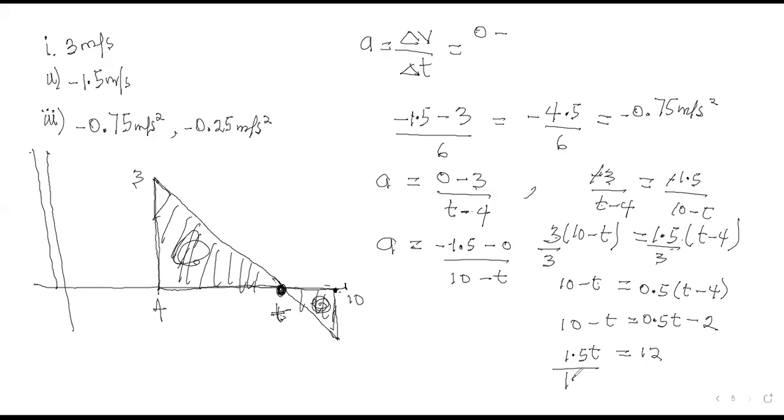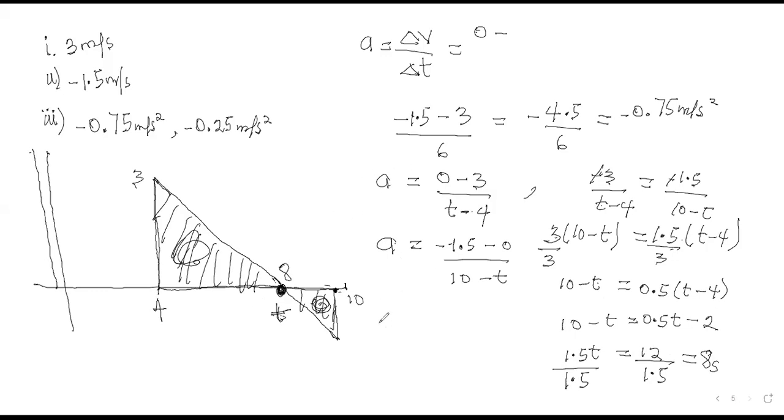When you divide it by 1.5, you have T to be equal to, what's the value of T? 12 divided by 1.5. 8. So it means that the time over here is actually 8 seconds.